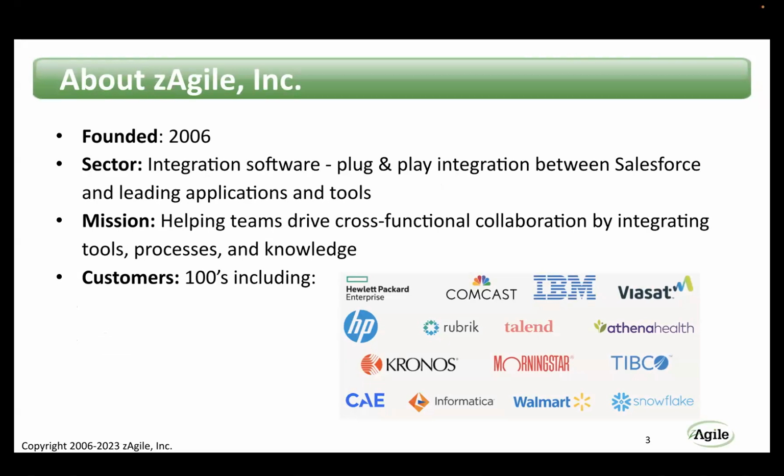And the solution that we have put forth are plug-and-play integrations between Salesforce and leading applications and tools like Jira, Confluence, and Slack. Here's a very small representation of our customer base that crosses multiple industries. We've got some of the largest customers in the world on our list, and we're very, very proud of it.